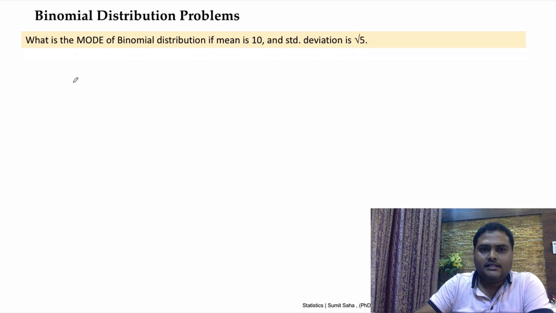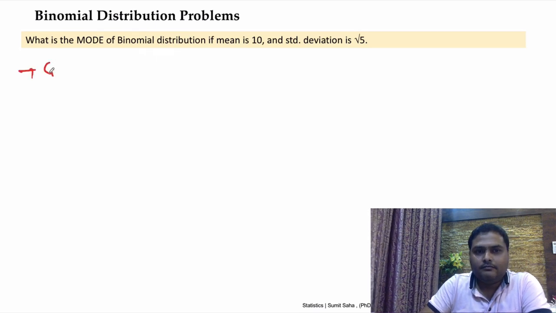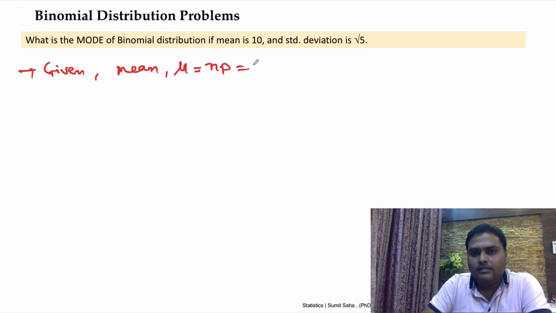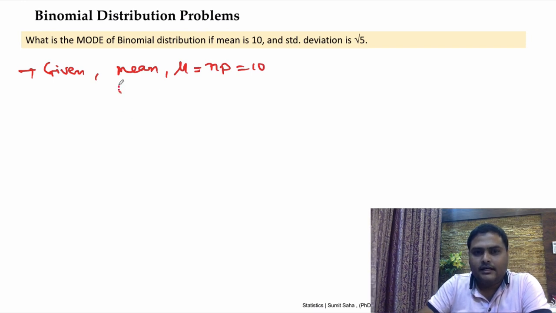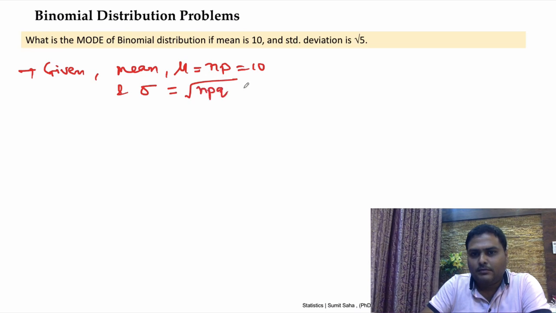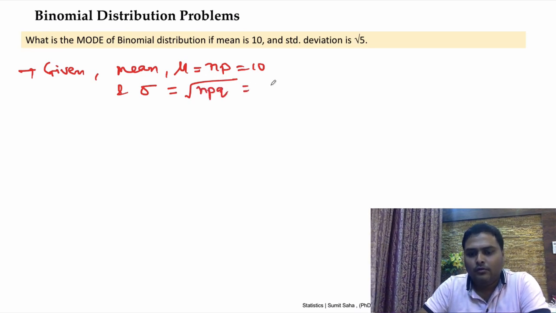So in this case it is given that the mean mu equals np, which is 10, and the standard deviation is root over npq, as per the property and formula we know, which is given as root 5.